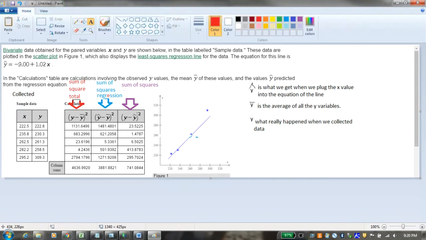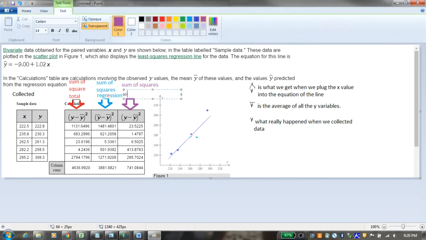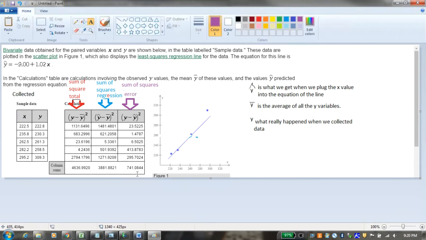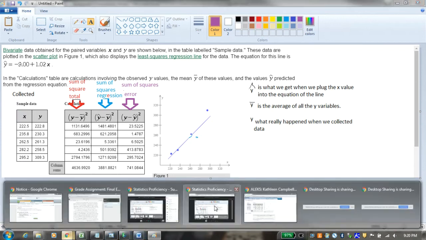And when we take our y minus our y hat, that's our sum of squares error. In this case, our total sum of squares is here, the amount of variability being explained by that regression line, and the amount of variability that's not being explained.